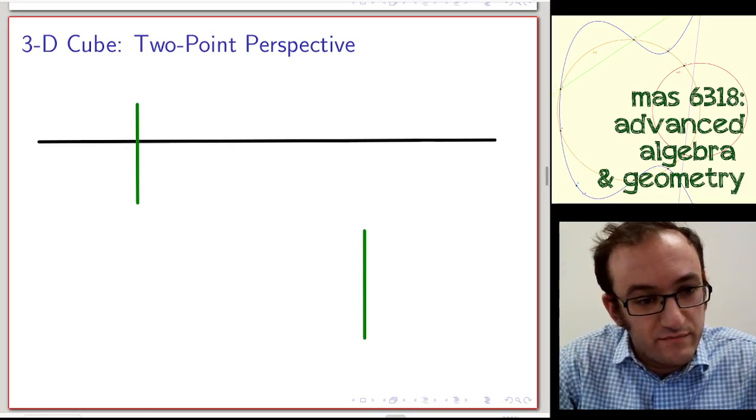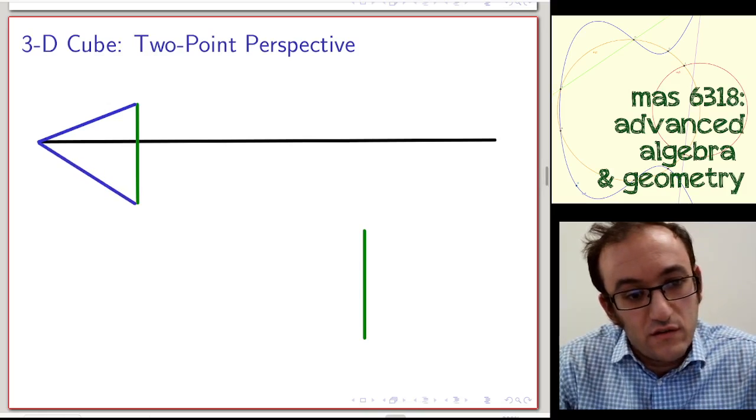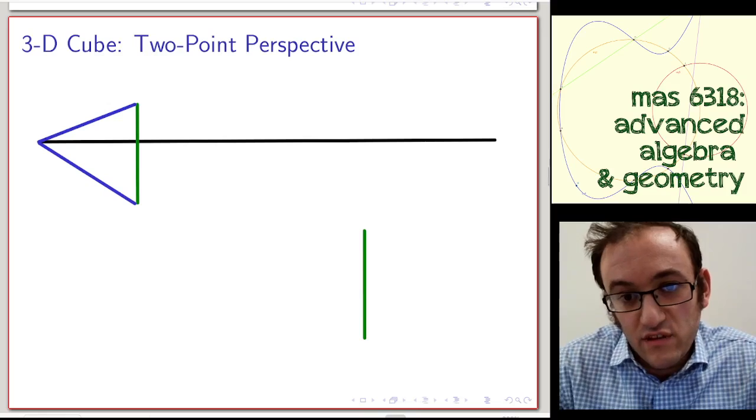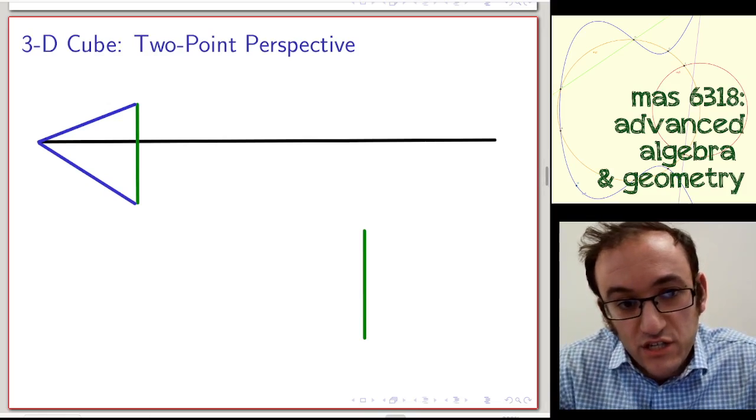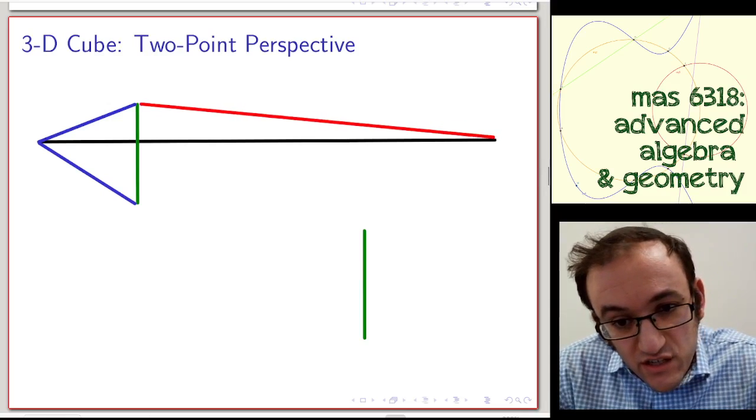And we're going to draw one side of the cube to this vanishing point, and the other side of the cube to this vanishing point.